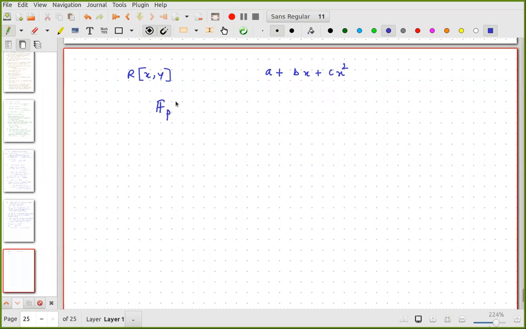Take F_p, put a p to be more general, and then adjoin X and Y. And then go modulo some polynomial in X, say X square plus 1. And one other polynomial, X cubed plus X square plus X plus 1. But that is the same, maybe not good.